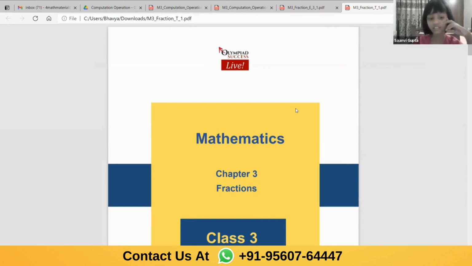So the fraction would be shown with the numerator and denominator. The denominator is the total number of slices, and the numerator is the number of things chosen.